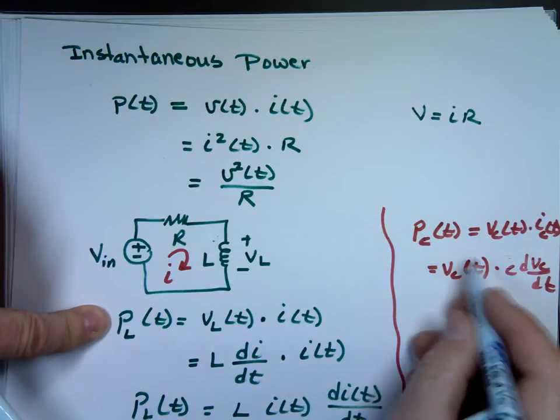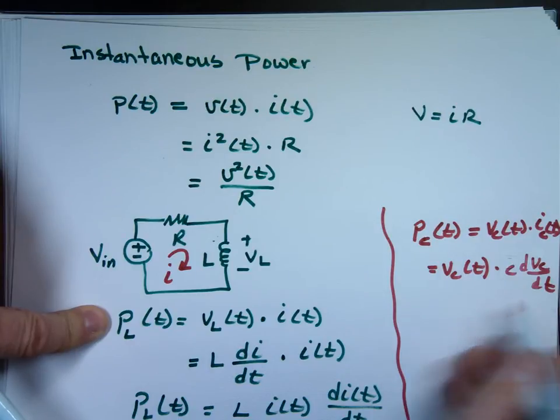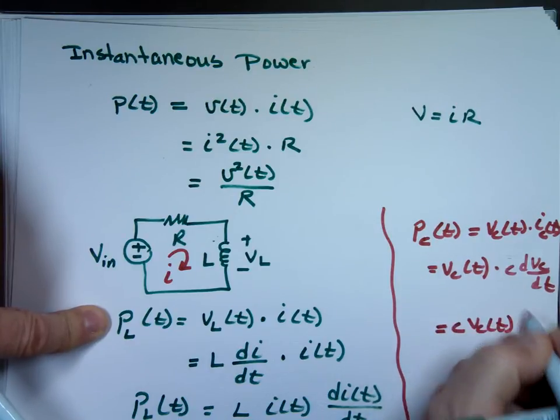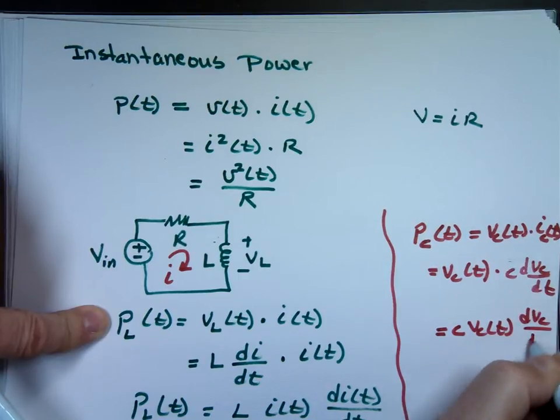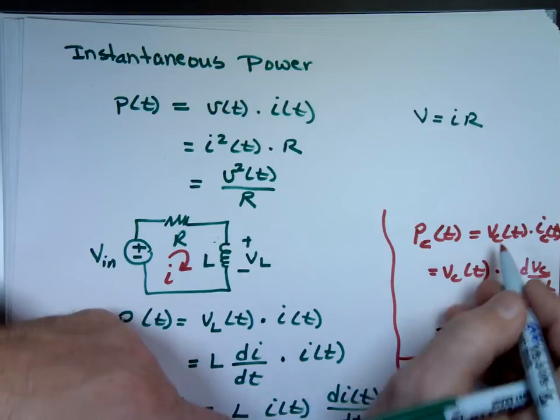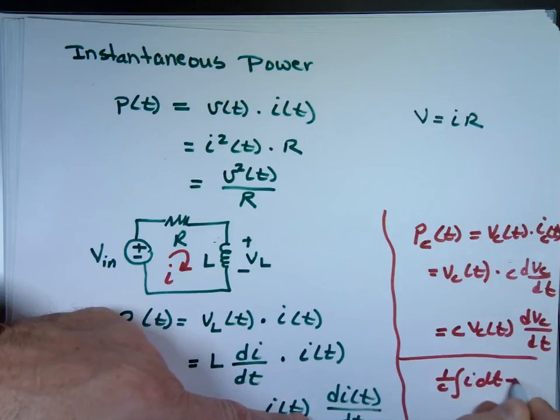As I said, if I'm trying to write them in terms of one variable, if I know the current instead of the voltage, V equals what? 1 over C, the integral of I dt, times Ic. So I can write it either way.